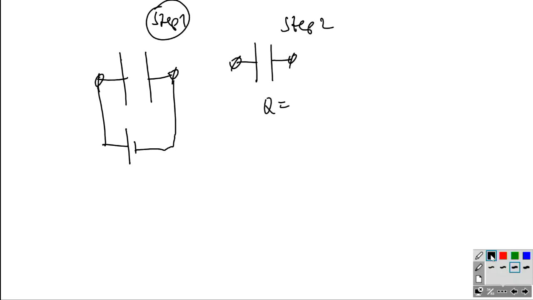If I remove the battery, we know the charge should remain constant. Q equals C times delta V. So delta V is equal to Q over C. And when C changes, for example, when C increases, delta V decreases.